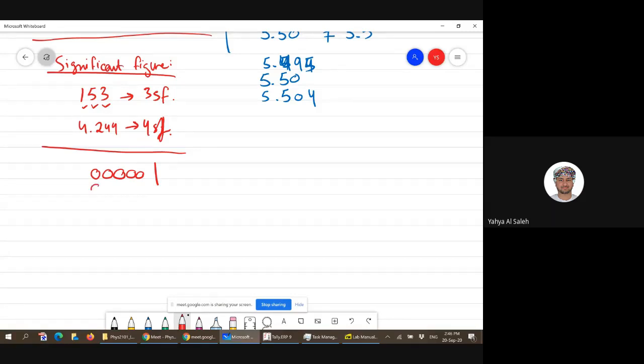This number has 4 zeros, 1 before the decimal point and 3 after the decimal point, but it still only has 2 significant figures. So you only start counting once you get to a number that is not 0. You start from the left, and you keep going until you get to a number that is non-zero. Yes?